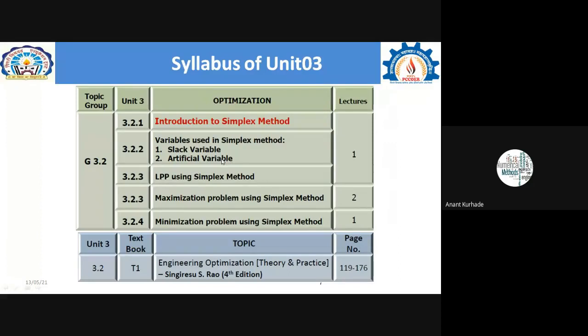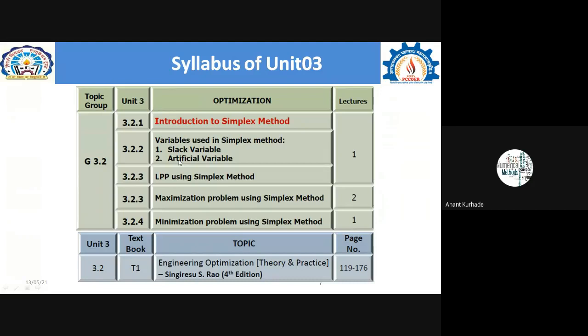See, there are two types of problem. One is maximization and one is minimization. Maximization means we have constraints with the less than or equal to inequality, while when the problem is minimization, we have constraints with greater than or equal to. When we have a constraint with greater than or equal to, then we have to use the artificial variables.